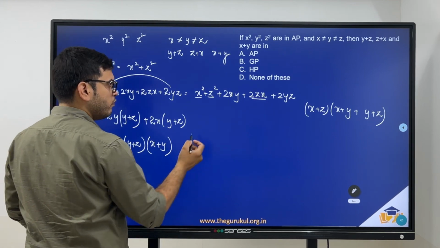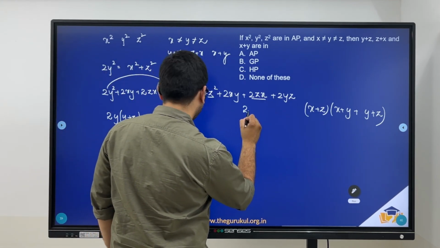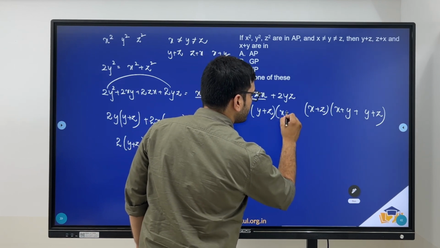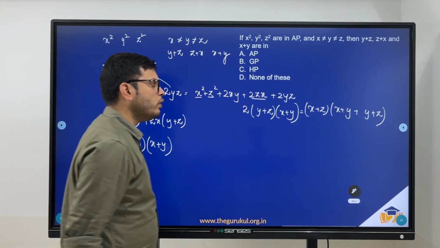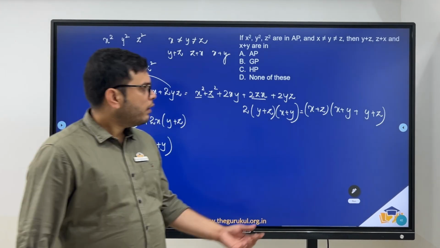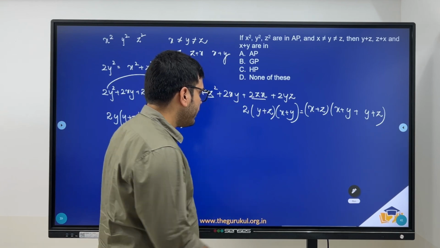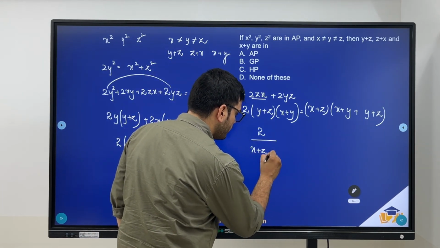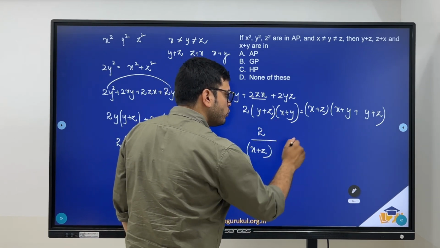So we have 2 into (y plus z) into (x plus y) is equal to (x plus z) into (x plus y plus y plus z), right. Then let me bring x plus z to the left hand side. So you'll be having 2 by (x plus z), and let me shift these two terms to the right hand side.